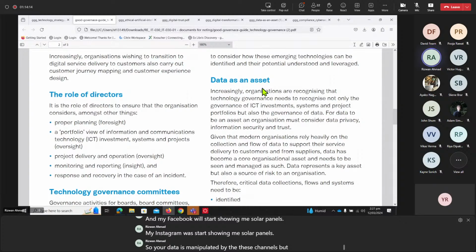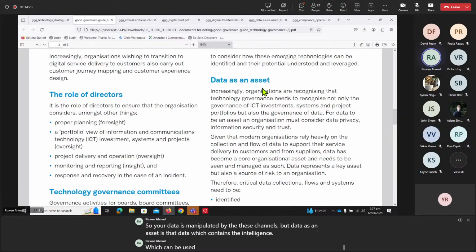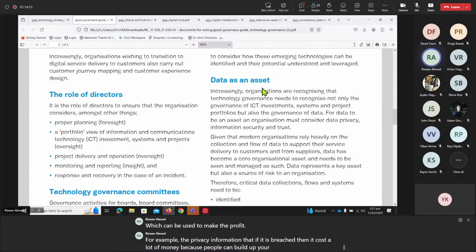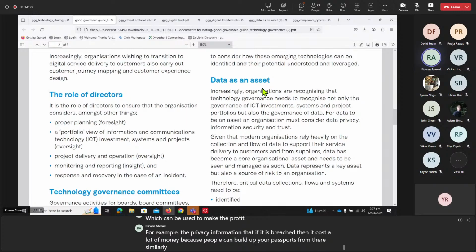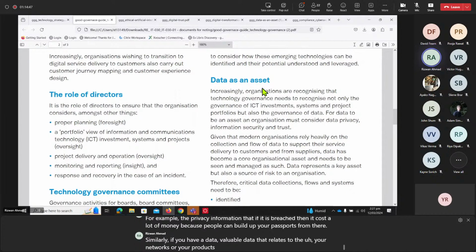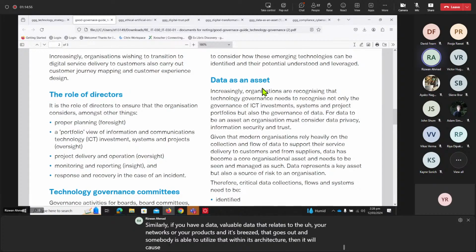But data as an asset is data which contains the intelligence which can be used to make a profit. For example, privacy information, if it is breached, costs a lot of money because people can build up your passports from that. Similarly, if you have valuable data that relates to your networks or your products, and it's breached, and somebody is able to utilize that within its architecture, then it will cause a lot of loss to the other company.